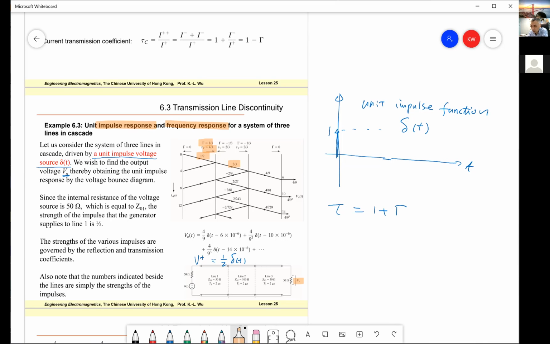So this is already after 2 microseconds. We hit the boundary, and after another 2 microseconds, we hit the second interface. We also know the reflection coefficient at the second interface is minus 1/3, so the transmission coefficient is 2/3.